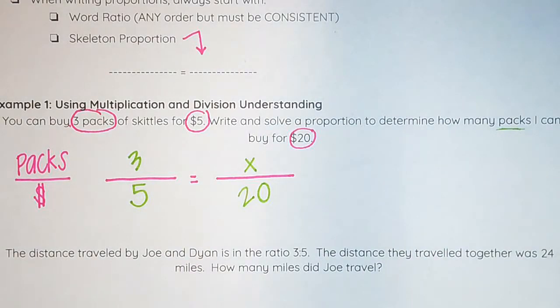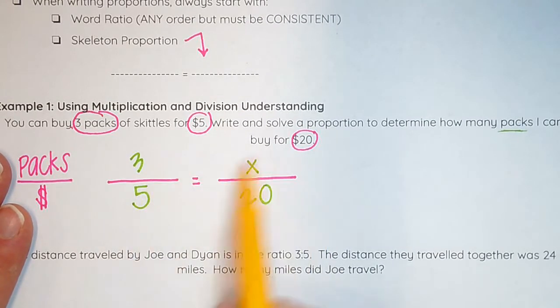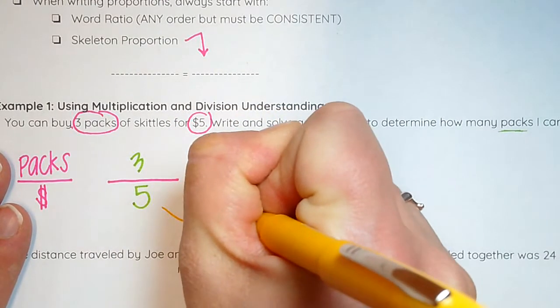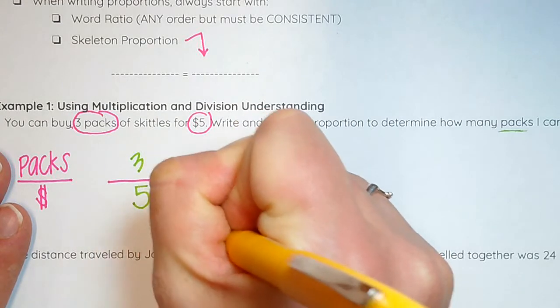Now, in this way, I am going to simply use my mental math capabilities and see how I get from one ratio to the next. So I look at my 5 and my 20 and I say, well, I know that I can get from 5 to 20 by multiplying by 4.